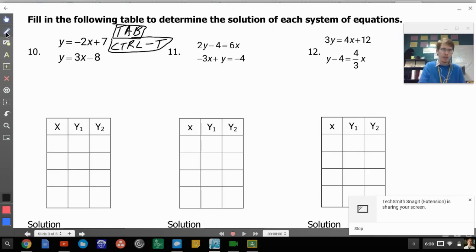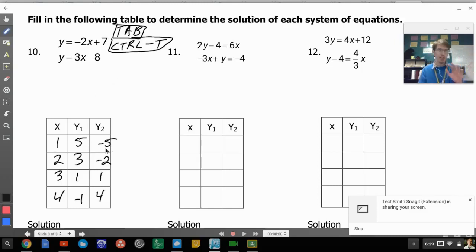Your table on your calculator should look like this. 1, 5, negative 5. 2, 3, negative 2. 3, 1, 1. 4, negative 1, 4. So what this is showing you is the values as you go. Here are x's and here are y's. For instance, on this first equation, negative 2x plus 7, 1, 5 is a point on that equation. And for the second one, 1, negative 5 is a point.